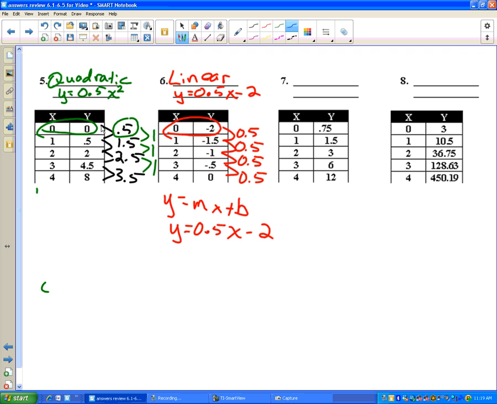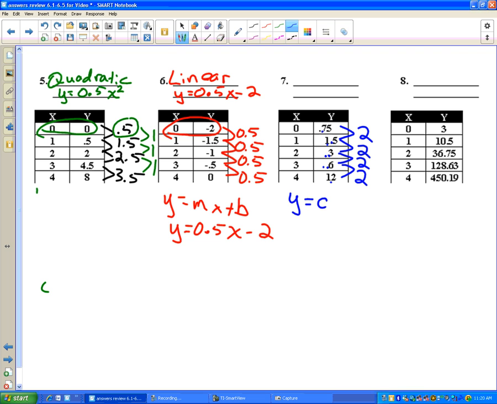Let's try successive quotients. 1.5 divided by 0.75 is 2. 3 divided by 1.5 is 2. 6 divided by 3 is 2. 12 divided by 6 is 2. That tells me since my successive quotients are all the same, it has to be exponential.